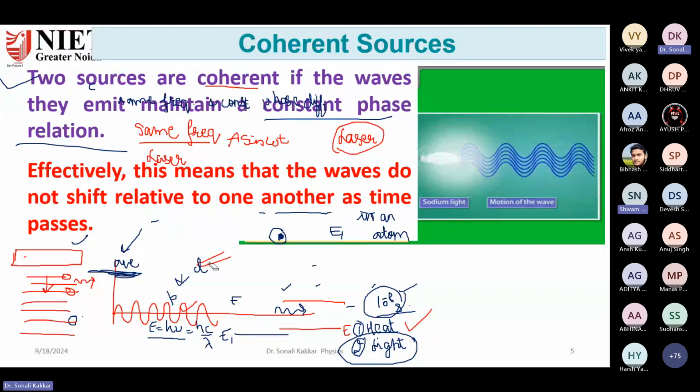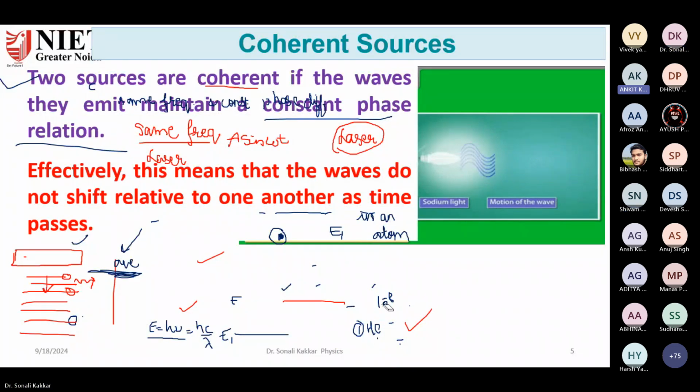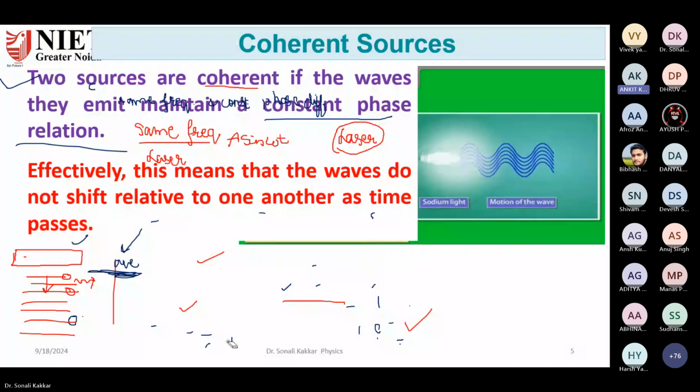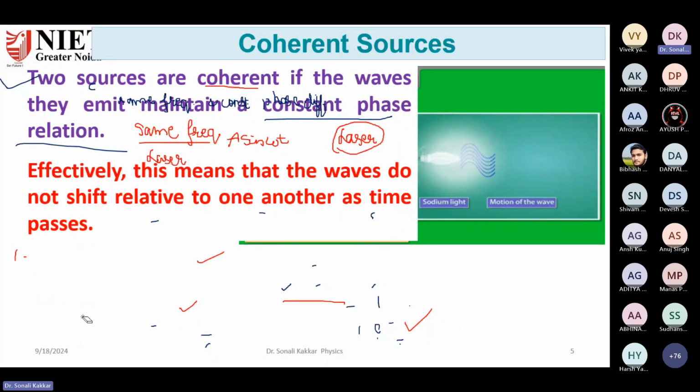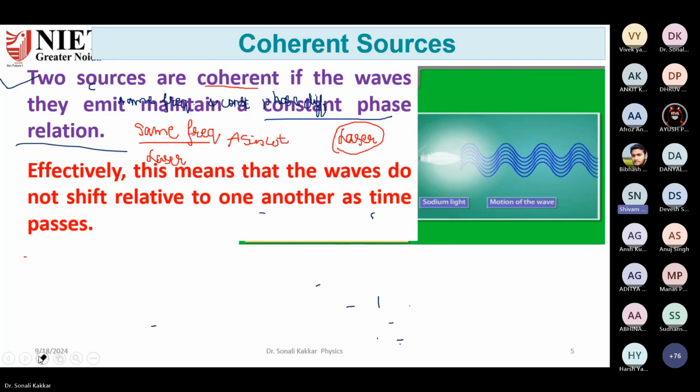Mercury vapor lamps are there. In the lab you will see a sodium lamp in a lab experiment. But in your 12th, I think you must have conducted some experiment with a mercury vapor lamp. In how those lamps work, there is material inside the lamp.